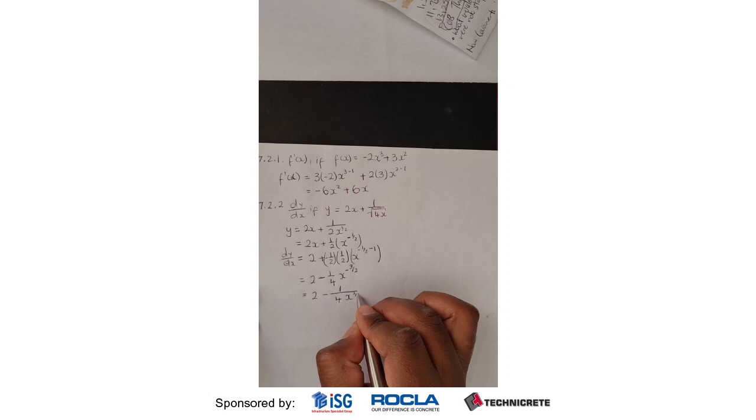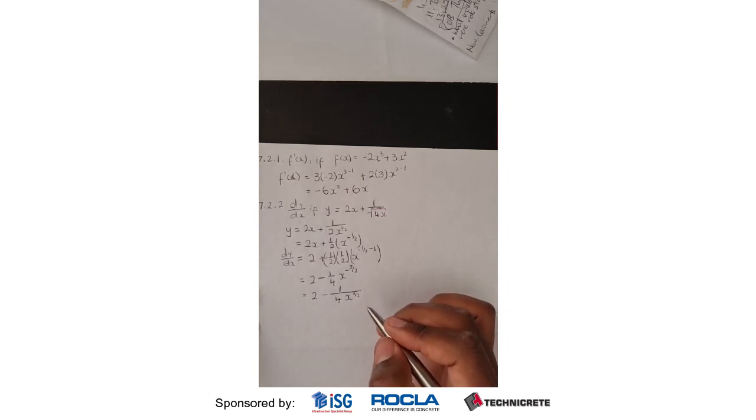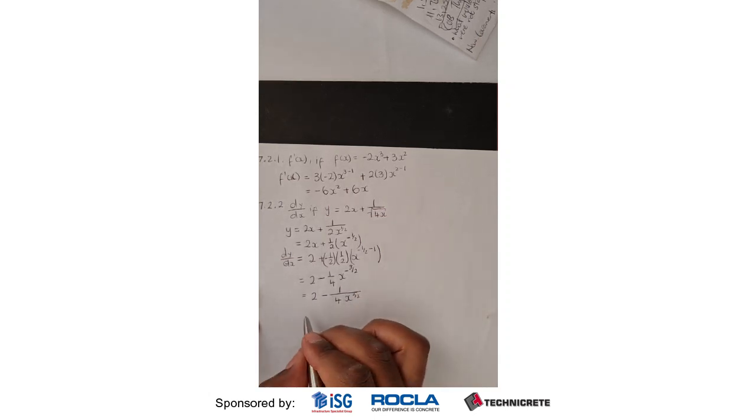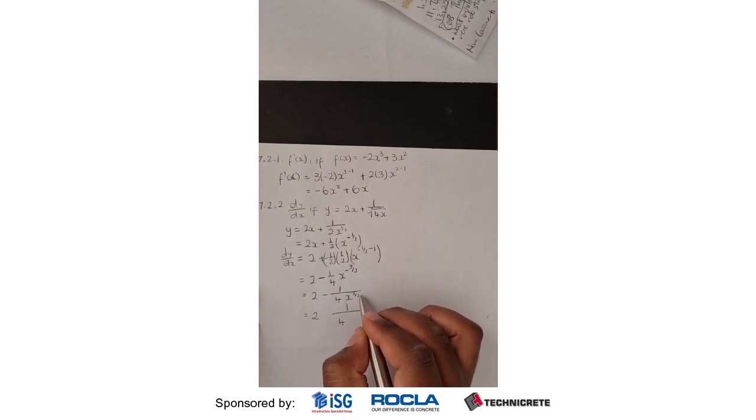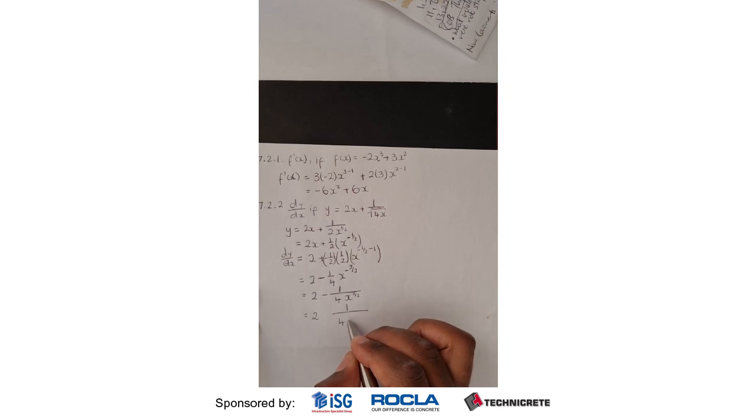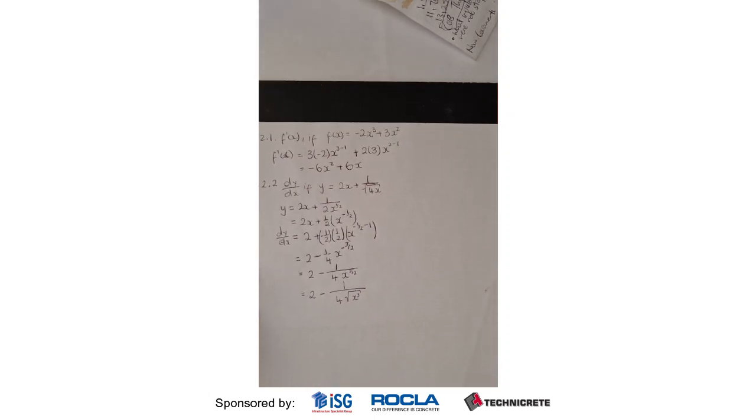So it becomes x to the 3 over 2. Doing this further gives us 4, this divided by 2 gives rise to our square root. Let's not forget the minus there.